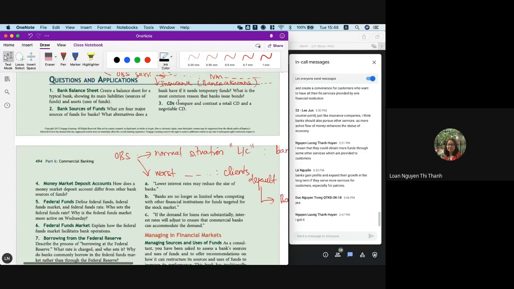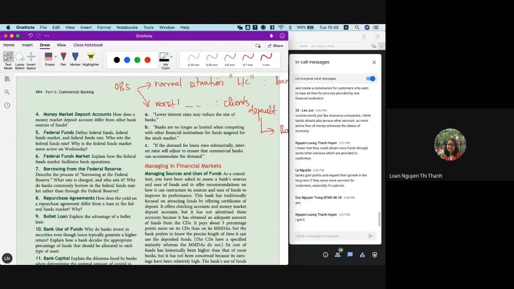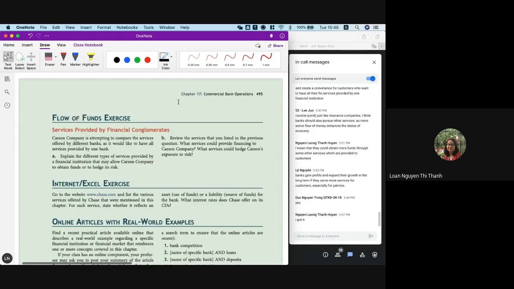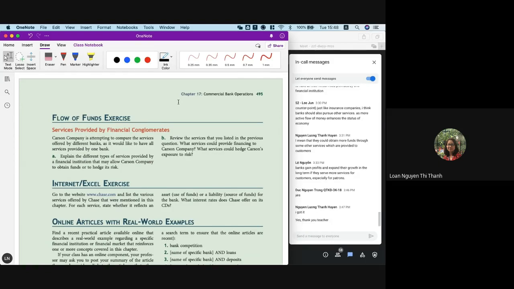Now we have another question. It is not a long question. Maybe a flows of funds exercise. Services provided by financial conglomerates.